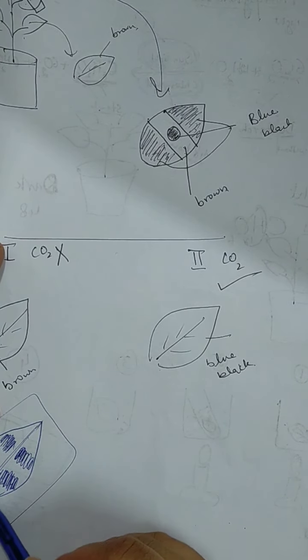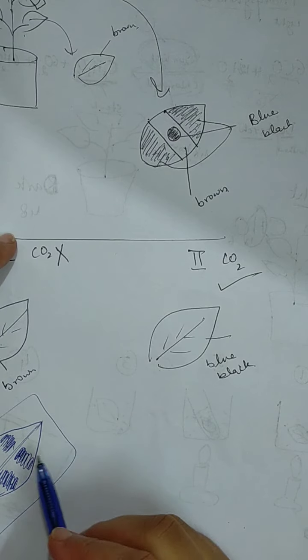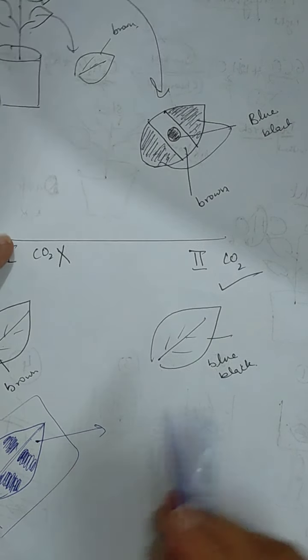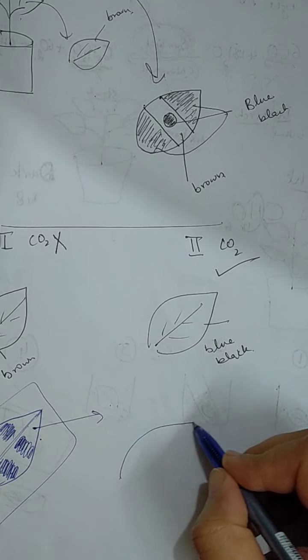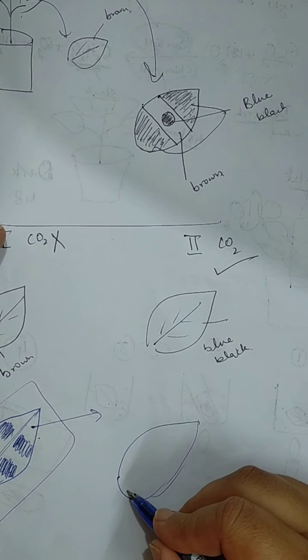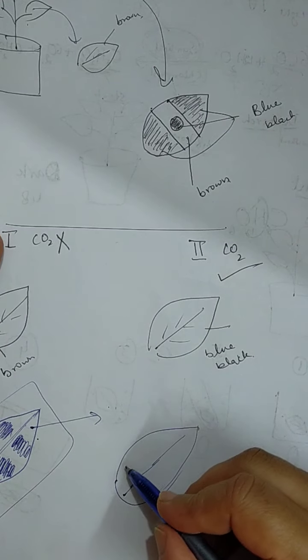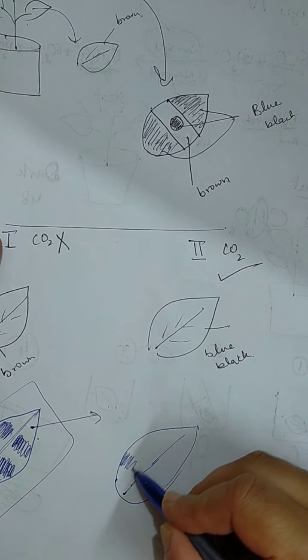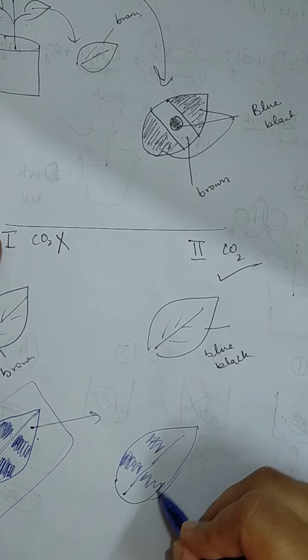For example, this is a variegated plant which is de-starched and then kept in sunlight for 5 to 6 hours. Now we take this leaf, boil it in water, then in ethanol, then again in water, then place it on a tile and apply iodine solution over it. So what will happen? The areas which are green in color will turn blue black.